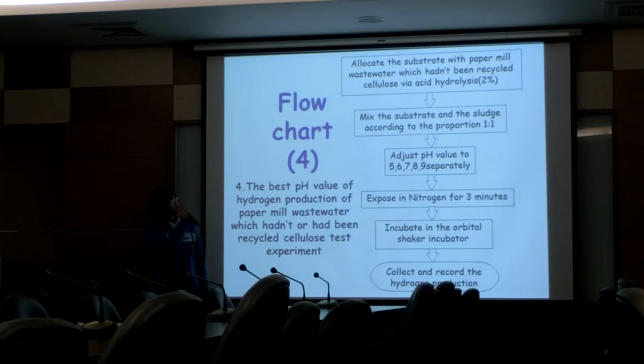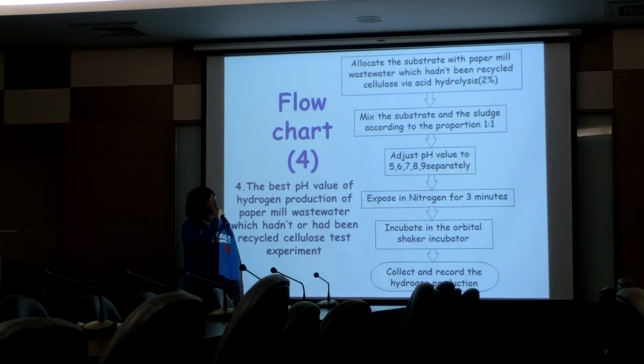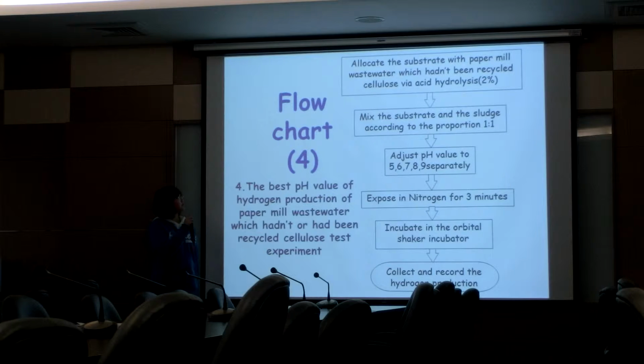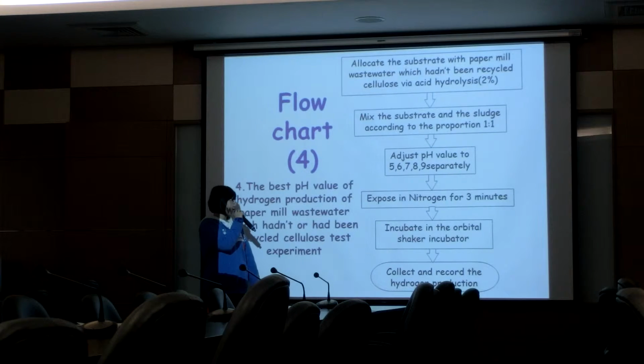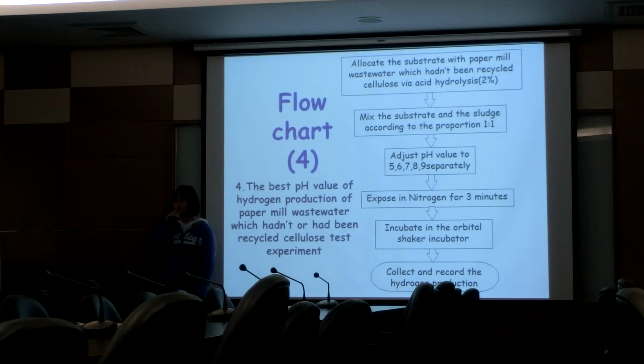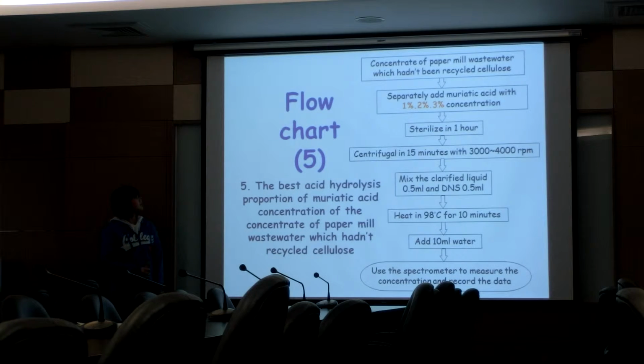Then we use a 2% acid hydrolysis. Then through the process, we collect and record the hydrogen production. This is flow chart 5, the best acid hydrolysis proportion of muriatic acid concentration of the concentrate of paper mill wastewater which hadn't recycled cellulose.